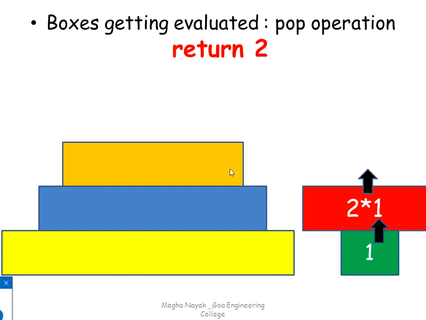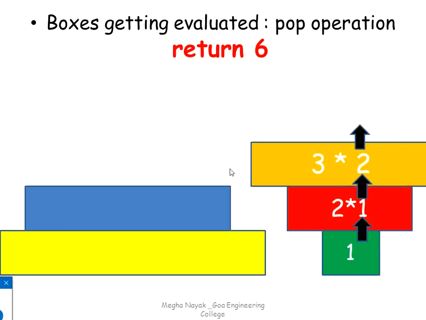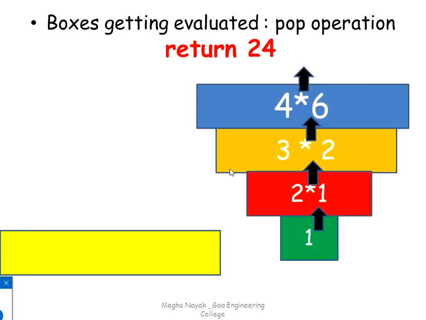Now the orange box is popped out and you can compute 3 into 2. After this, the answer is given to the blue box. Now the blue box is popped and you get an answer of 24. Now 24 will serve as an answer to the yellow box and help in the yellow box's evaluation.